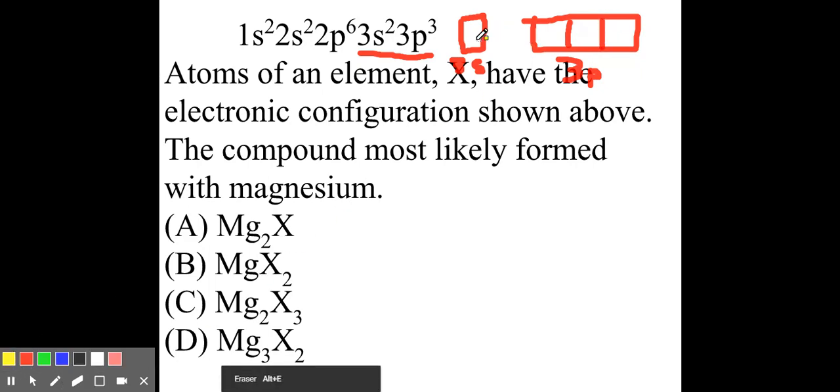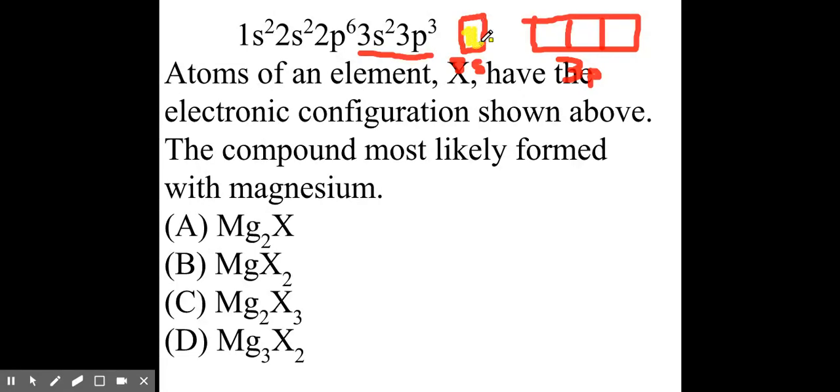And then let's draw my arrows: 1, 2, and then 1, 2, 3. Very nice. So we would have 3 available electrons here. So I bet you its charge is going to be a -3.